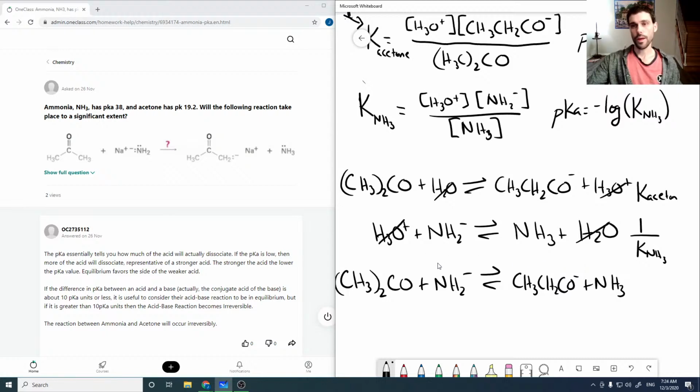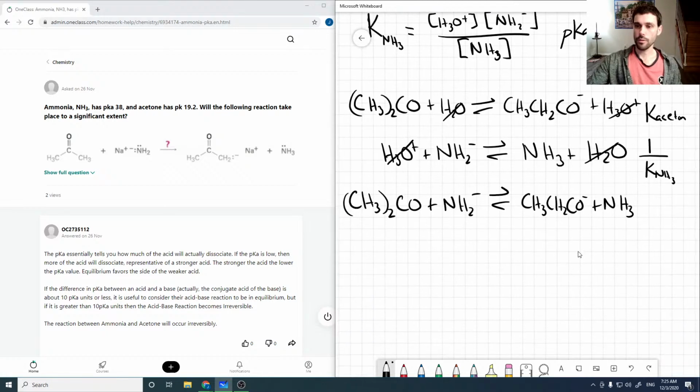But remember that the Kb value is for the reaction of NH2 minus with water to form OH minus. It isn't the reverse reaction, which is what this is. Okay?